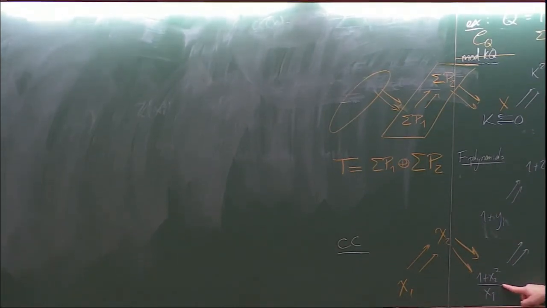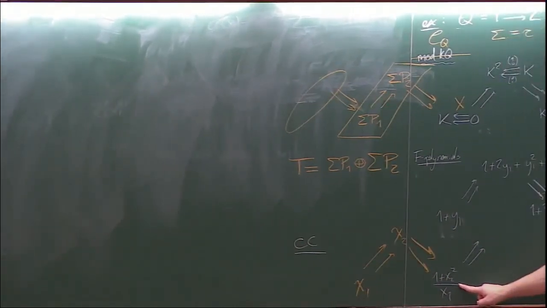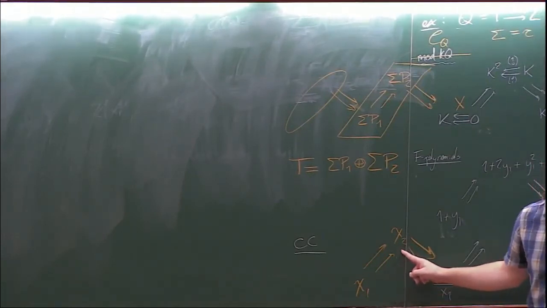And now maybe the important remark is that this is the mutation at 1 of the initial cluster for the Kronecker quiver.